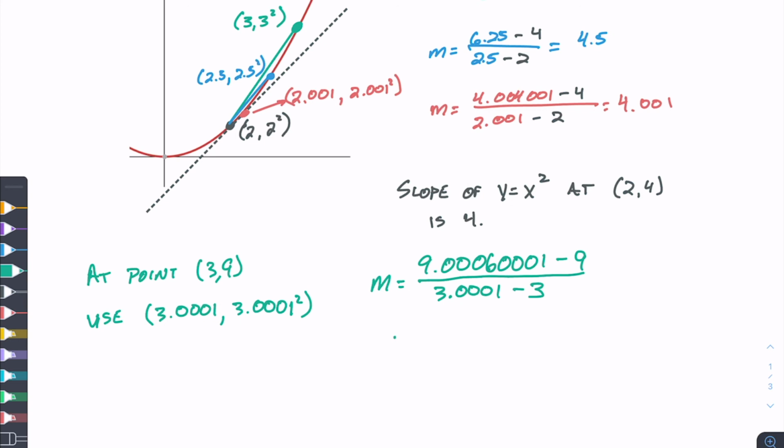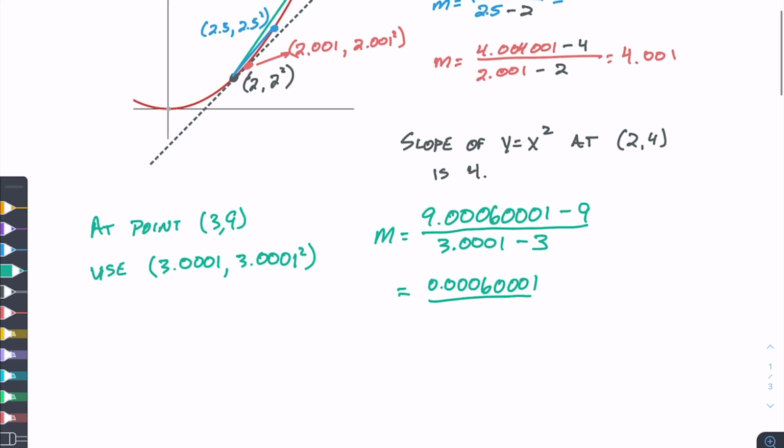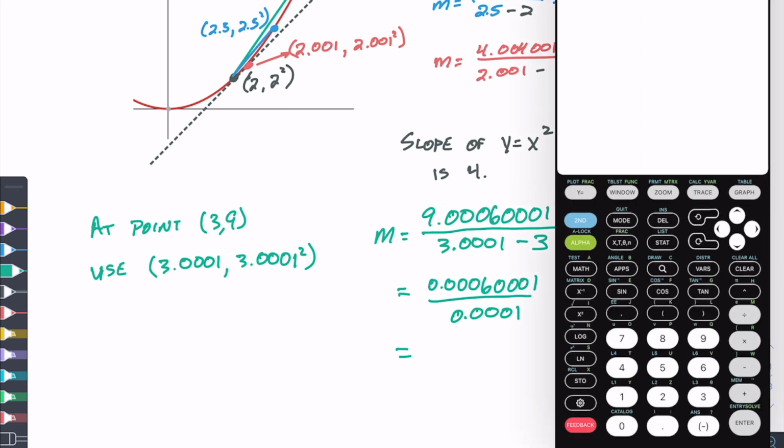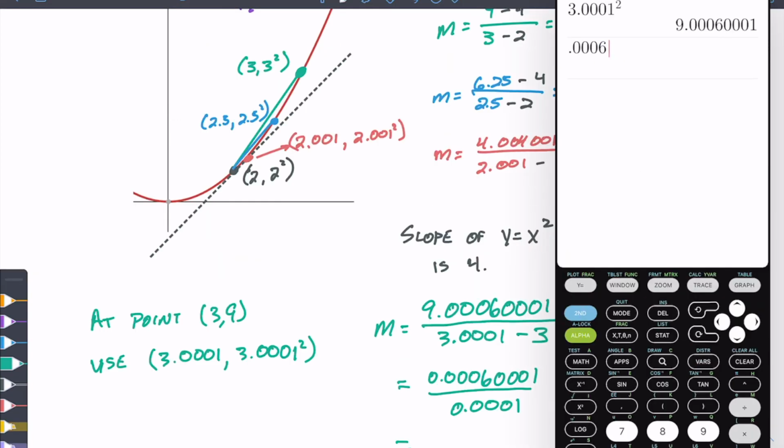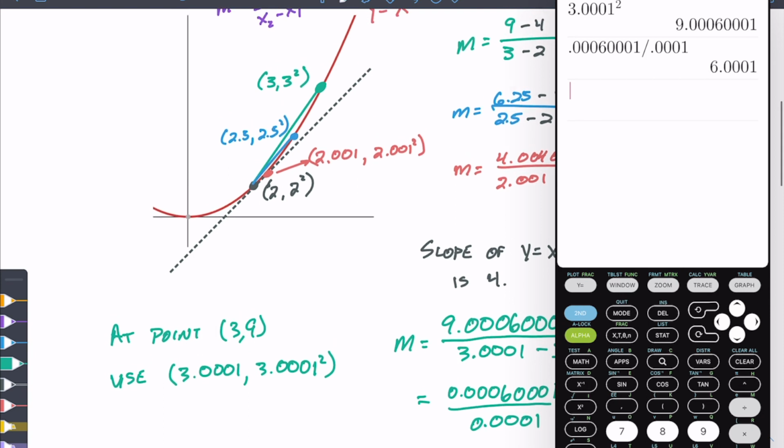That gives us a value of 0.00060001 over 0.0001, and that will give us an approximate slope of 6.0001.